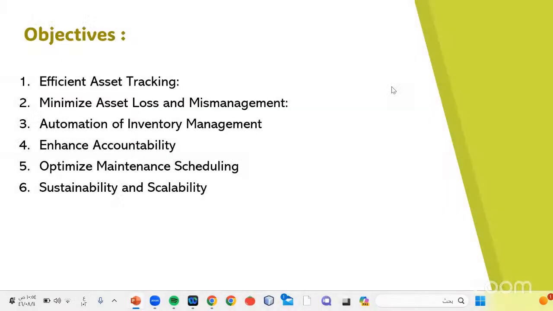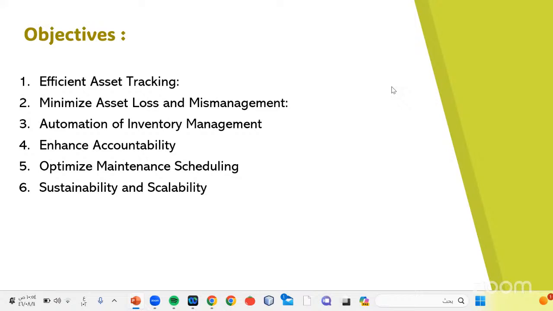Then we move to the objectives of our paper. Efficient asset tracking: tracking assets in real time reduces error and improves resource allocation. Minimize asset loss and mismanagement: a well-managed system helps to prevent asset losses.